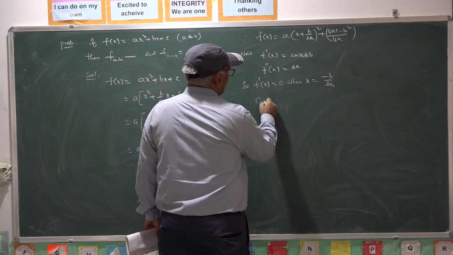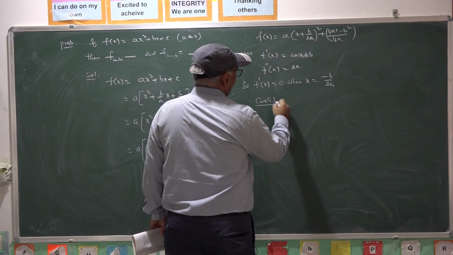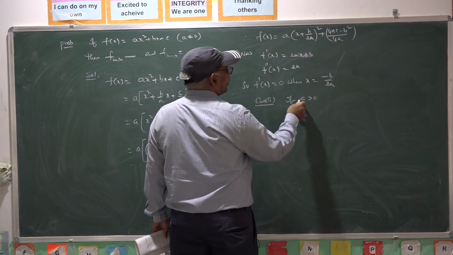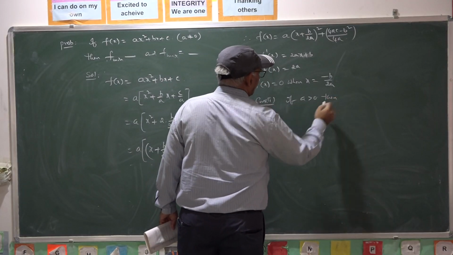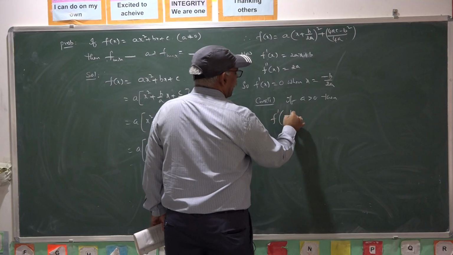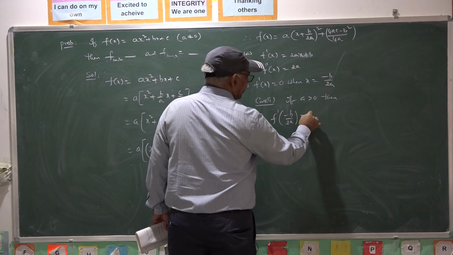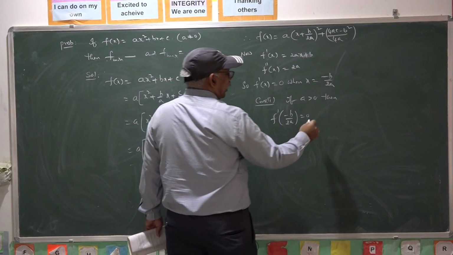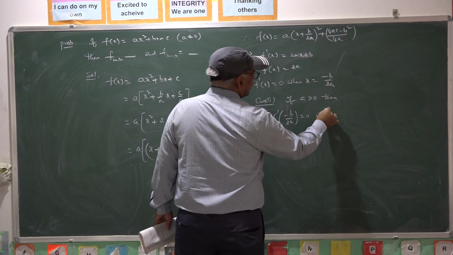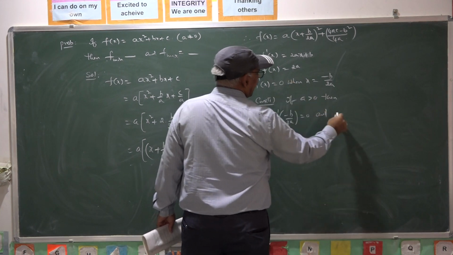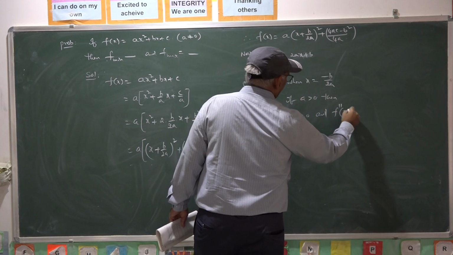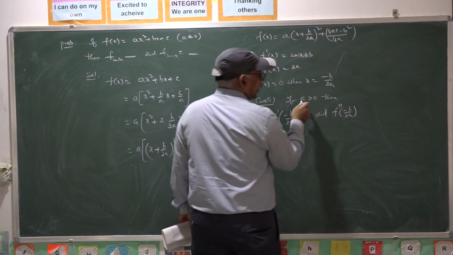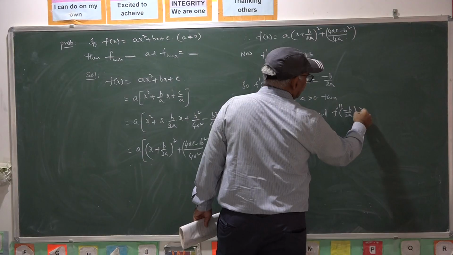Now case 1. If a is positive, then f'(−b/2a) is 0, because at x = −b/2a, f' is 0, and since a is considered positive, f'' is 2a for any value of x. Hence, for a positive, this is positive.